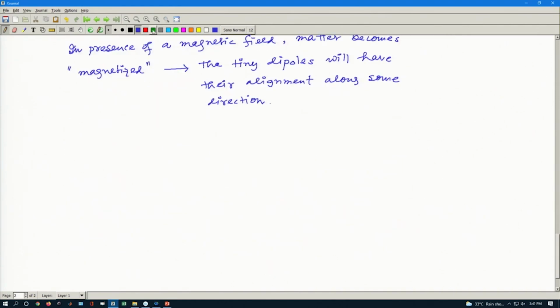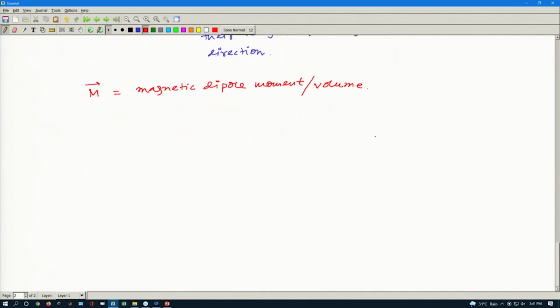So, we define a few things like big M, which we call the magnetization, which is equal to the magnetic dipole moment per volume.